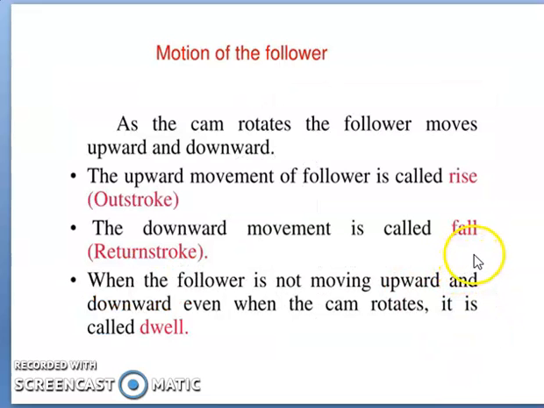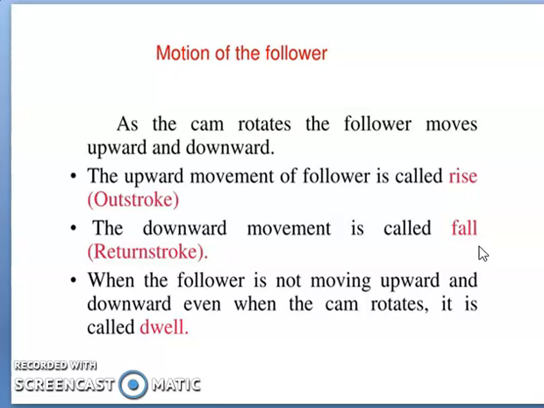Next is motion of the follower. As the cam rotates, the follower can move upwards and downwards. The upward motion of the follower is called the rise or outstroke. The downward motion is called the fall or the return stroke.